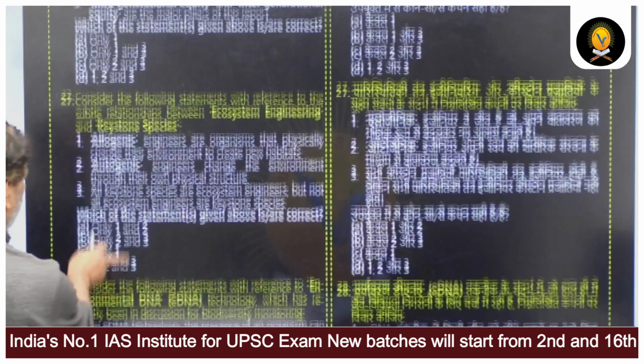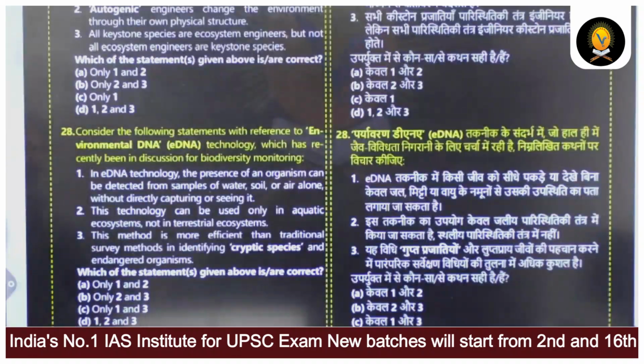Consider the following statements with reference to environmental DNA technology, which has recently been in discussion for biodiversity monitoring. In eDNA technology, the presence of an organism can be detected from a sample of water, soil or air alone without directly capturing or seeing it.